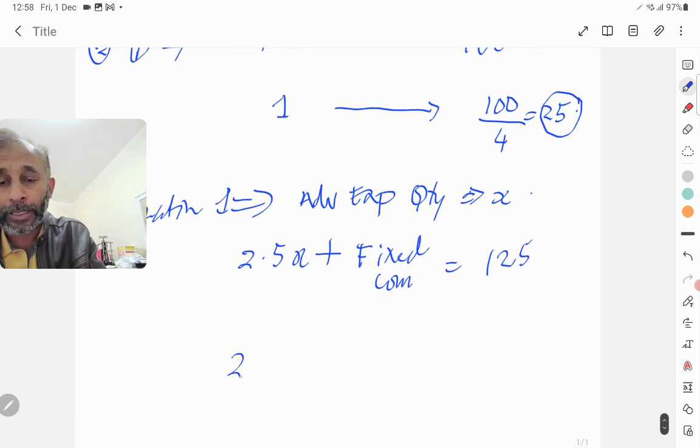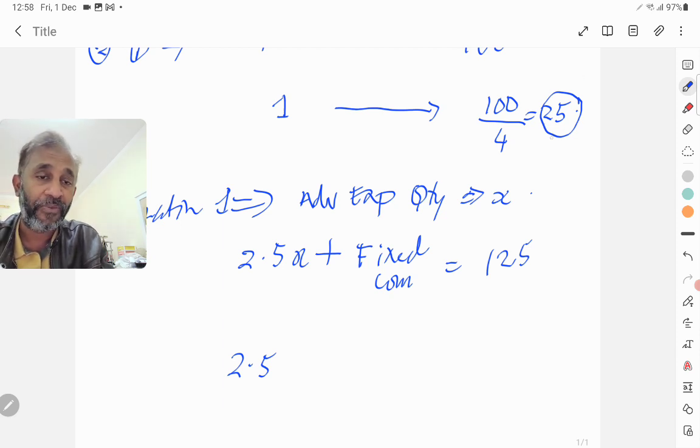As we already calculated, the variable component is 25.